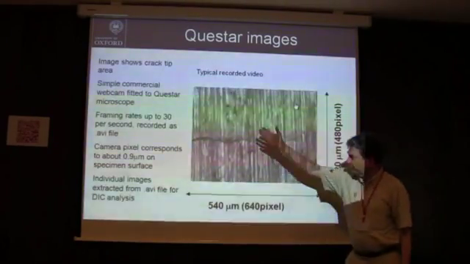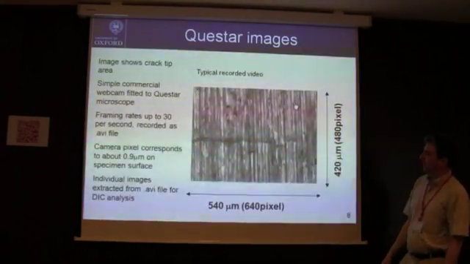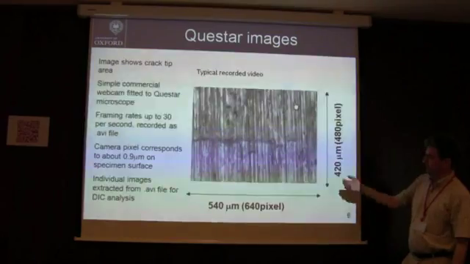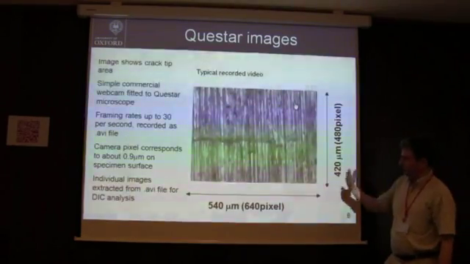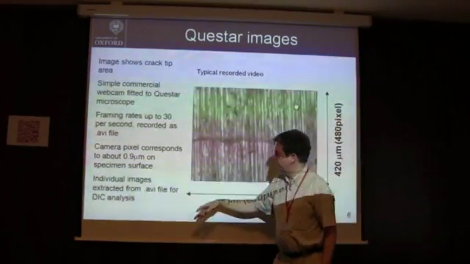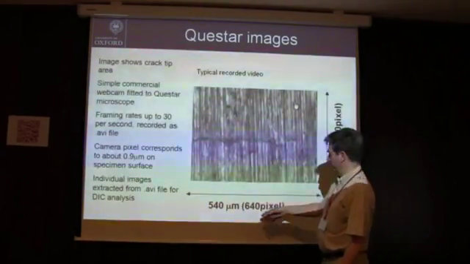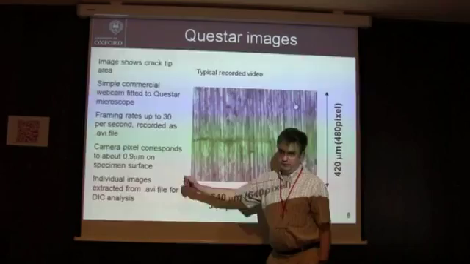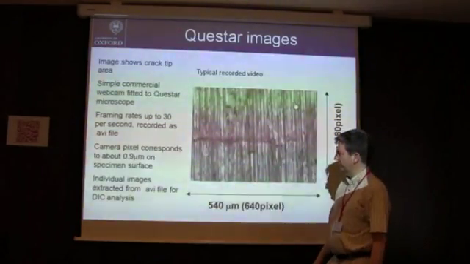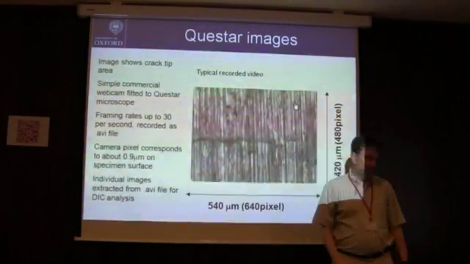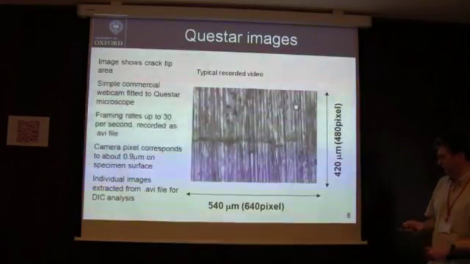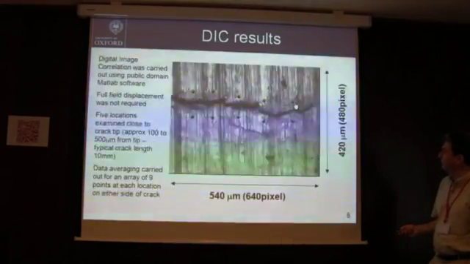We can get 30 frames per second, and we were cycling very slowly, so you get a lot of frames. Each pixel is about, well, you can see here it's 0.9 of a micron or something like that, so the pixels are very close. Then extract the individual images and send them to an AVI file.